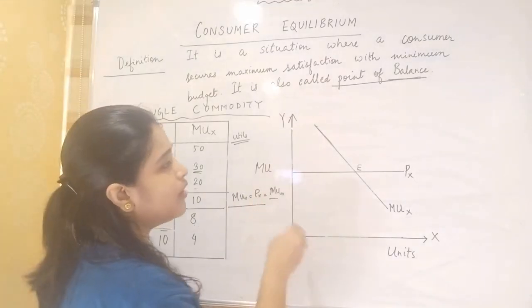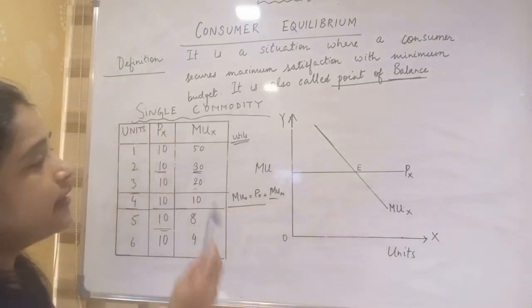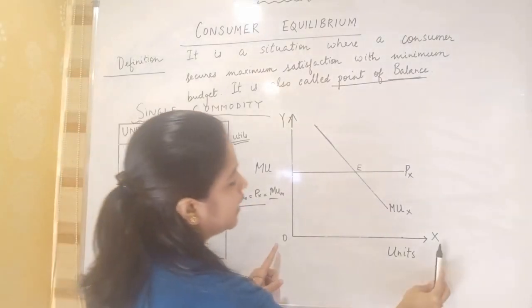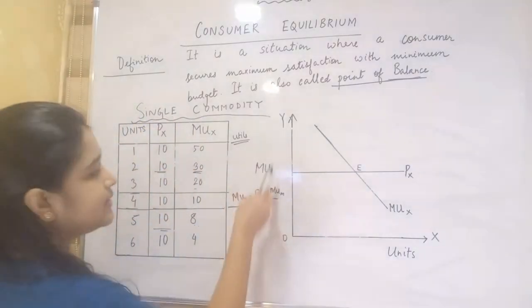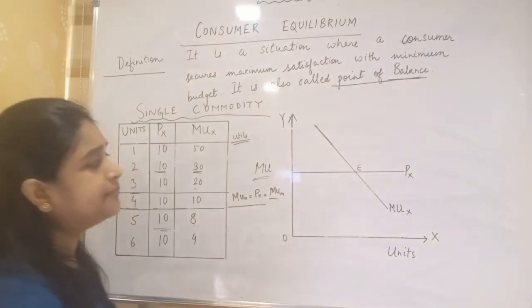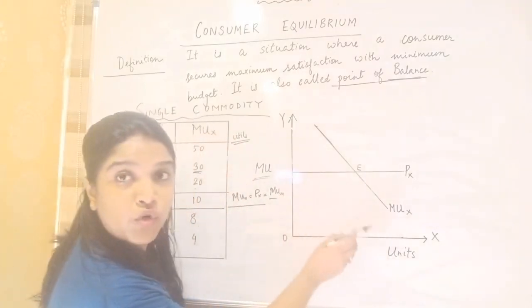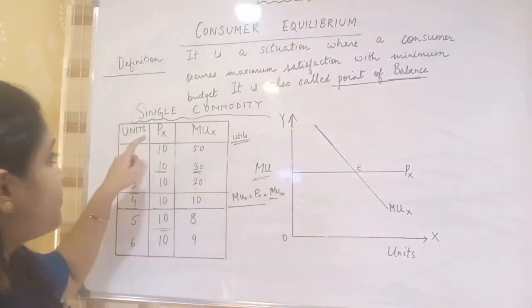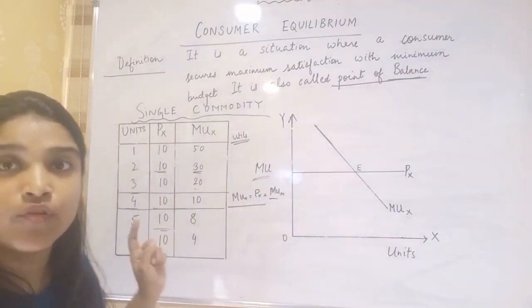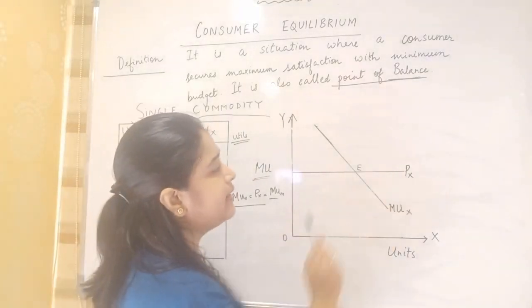Now we can also represent this table in the form of a diagram, in the form of a graph. You can see that the x-axis represents the units of consumption and the y-axis represents the marginal utility. What do we see here? The marginal utility curve is a downward sloping curve, and the price curve is constant because the price of the product is constant at 10 rupees. Price of every pen is 10 rupees, so it is a constant line.